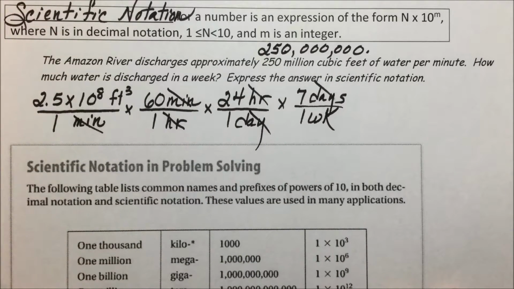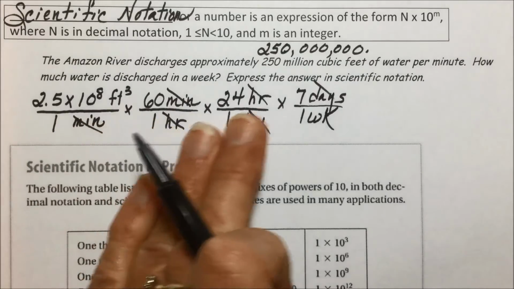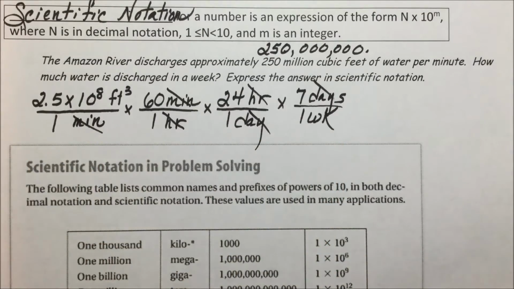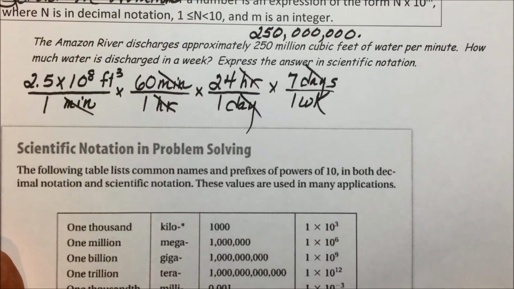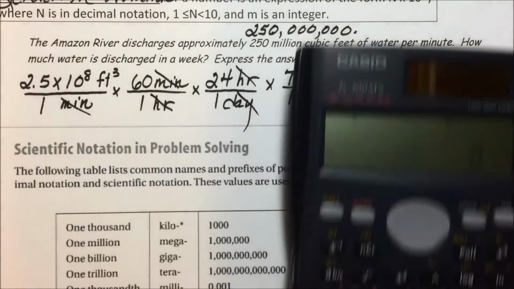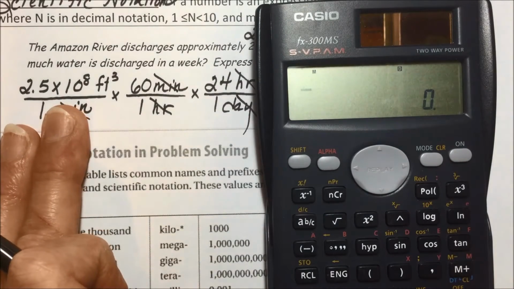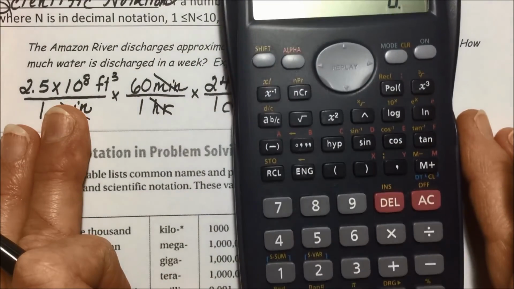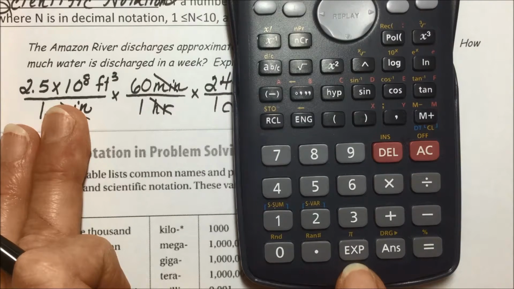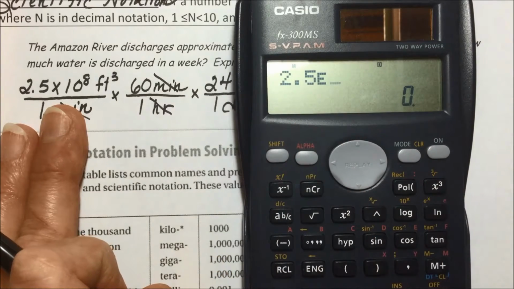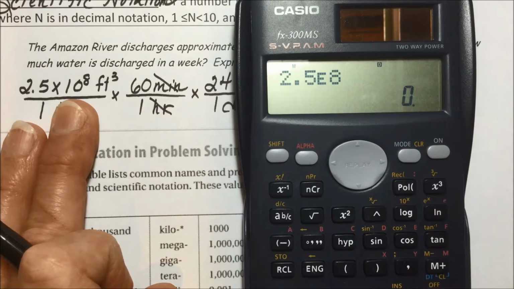So to solve this and to answer in scientific notation, we need to multiply the numerators together. The denominators are all 1, and dividing by 1 is 1. So essentially it's multiplying the numerators together. And if we grab, again, that scientific calculator, entering this first number, 2.5, and again, for this model calculator, to enter that scientific notation, I've entered 2.5, I'm tapping the EXP key, which shows an E in the display, and then only the power that the 10 is raised to.